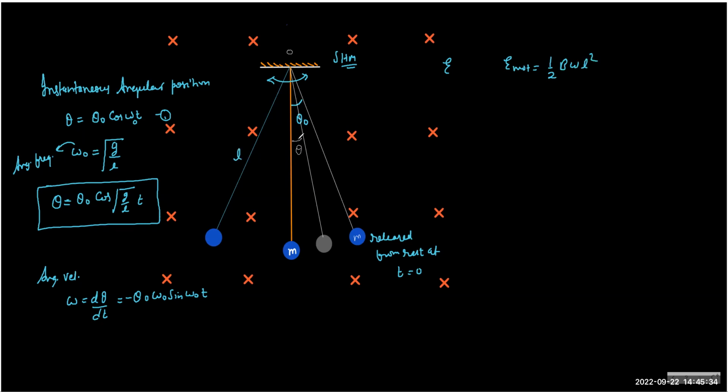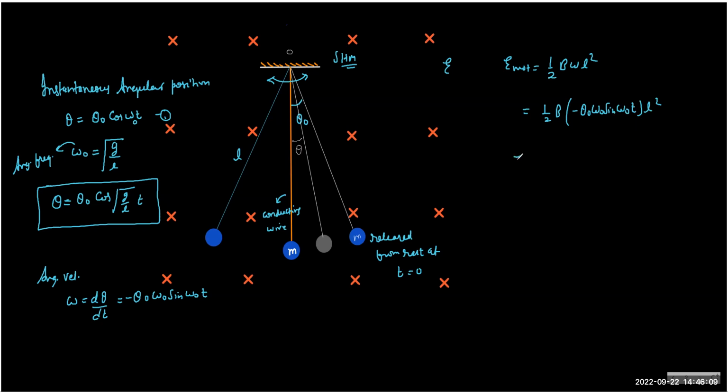Let's say L is the length of the pendulum. So the wire, because this is the conducting wire, will also have the induced EMF, and we can get the answer. So you can clearly see that we can correlate any mathematically related motion, and we can convert it into a question of induced EMF.